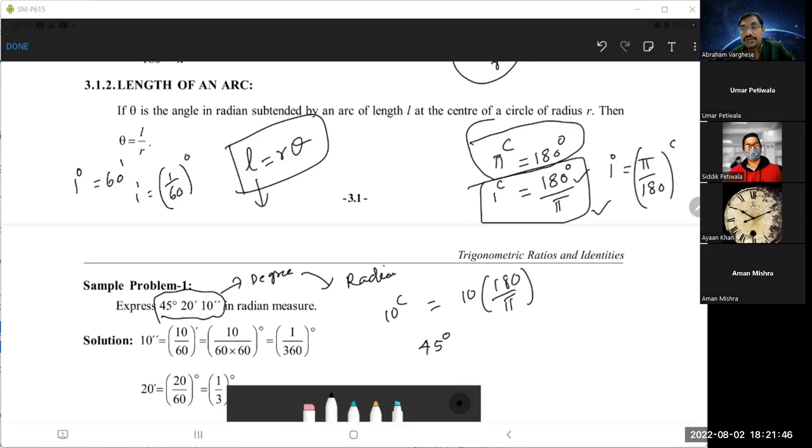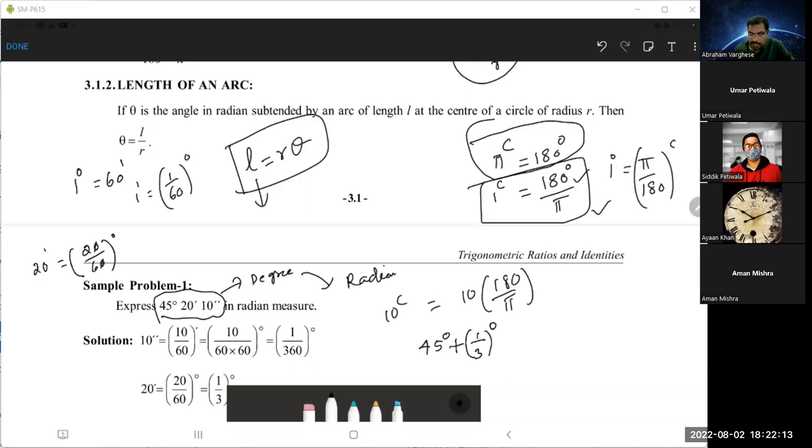So what about 20 minutes? 20 minute will be equal to 20 divided by 60 degree. That means 1 by 3 degree. So this is 45 degree, then plus 1 by 3 degree.